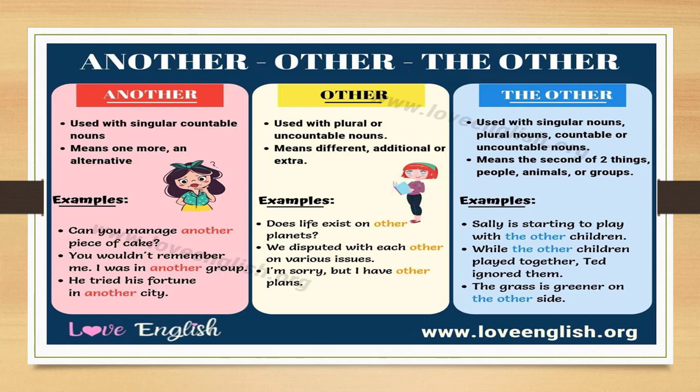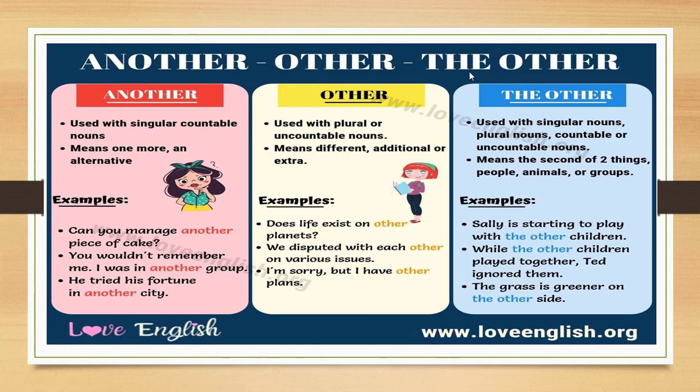It means different, additional, or extra. For instance, does life exist on other planets? The other. The other is used with singular nouns, plural nouns, countable or uncountable nouns. It means the second of two things, people, animals, or groups.